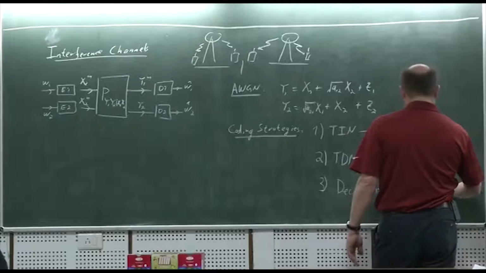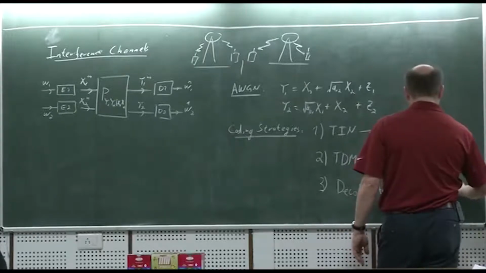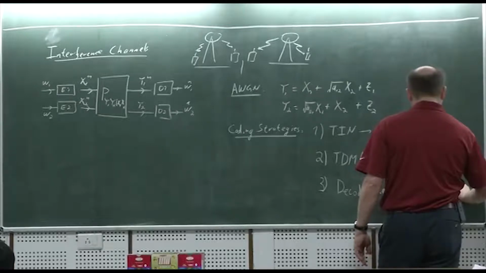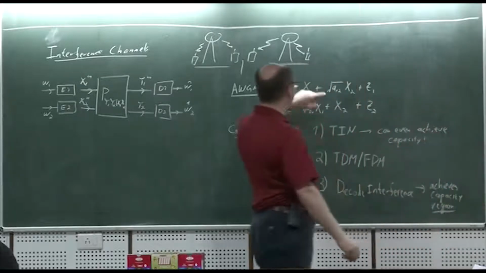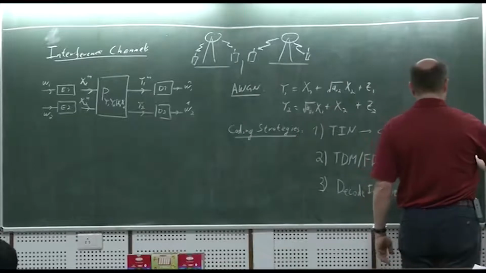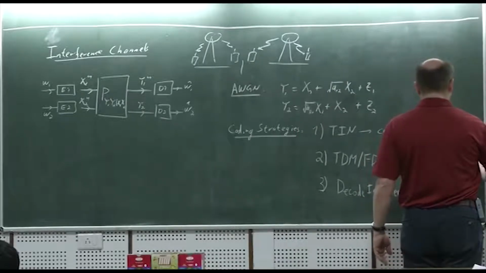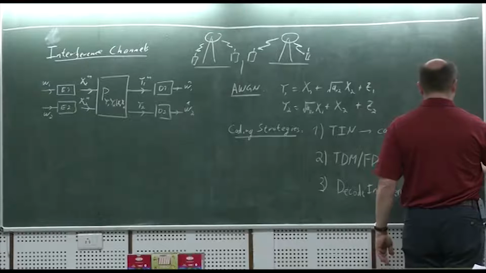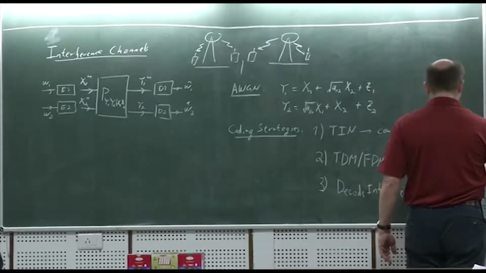So this achieves the entire capacity region if both of these two parameters are bigger than 1, which is something called strong interference. If A12 is greater than or equal to 1 and A21 is greater than or equal to 1.